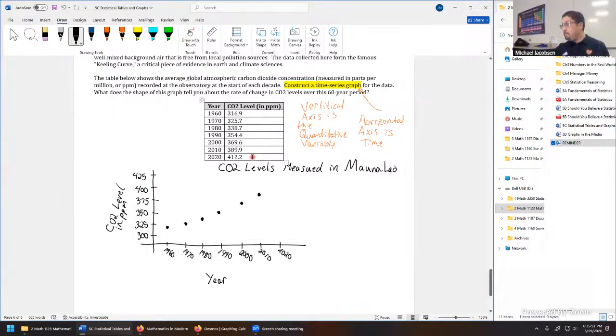Finally, year 2020, we're at 412.2, and we'll have to wait a few more years before this extends to the next row. But that's pretty close to midway between 400 and 425. So I'd place it about here.